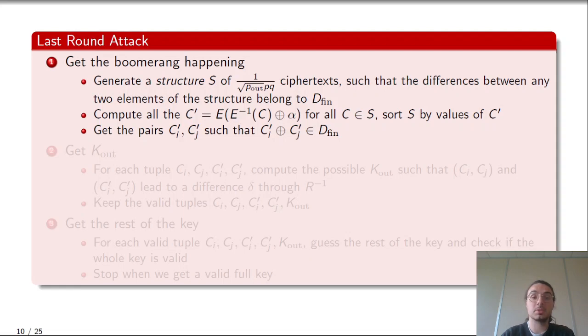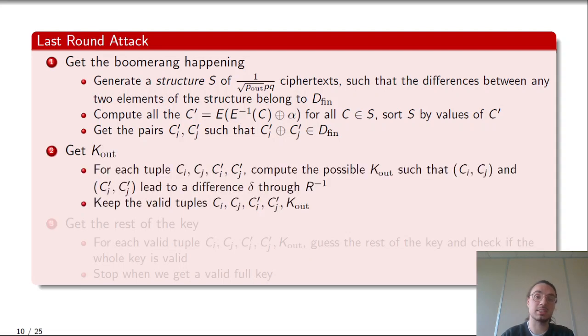Then we compute the returning elements of the boomerang for every element of the structure, and we sort the structure by those returning elements. Then by looking at the sorted table, we can extract the pairs of ciphertexts such that the returning elements also have a difference in the set.